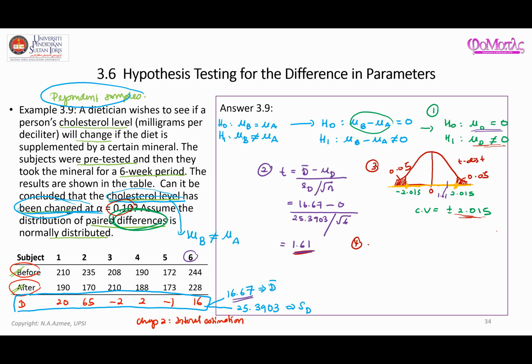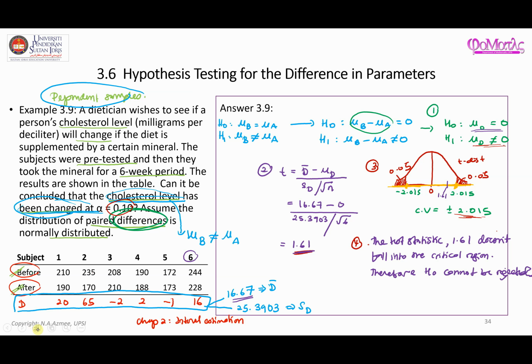So I'm going to write down that the test statistic 1.61 doesn't fall into the critical region. Therefore, H null cannot be rejected.